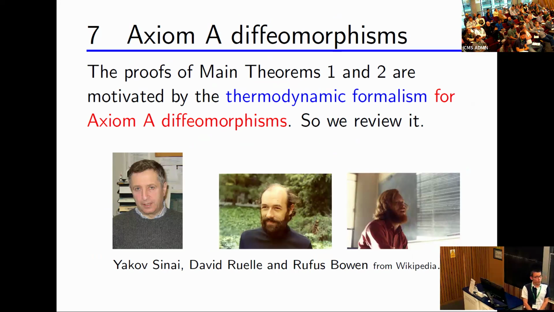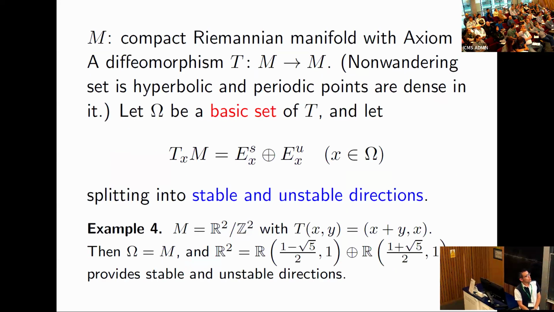So we want to review some of its ideas. This is a very significant theory developed by many important mathematicians, but probably the most important contributors are Sinai, Ruelle, and Bowen. So it is sometimes called SRB theory. This is the story of smooth ergodic theory.